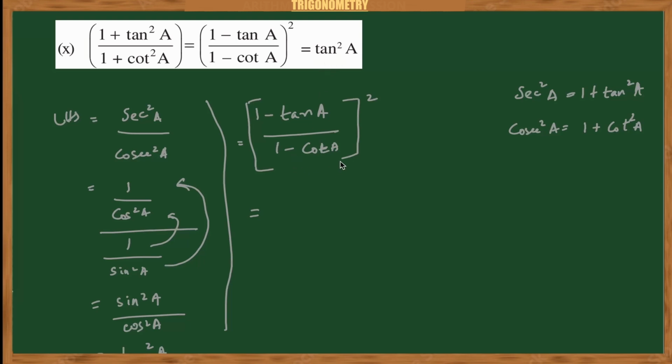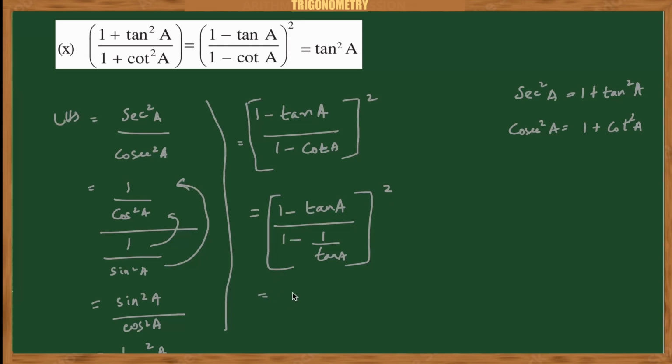Cot is the reverse of tan, so let's put it in that format: 1 minus tan A divided by 1 minus cot A, which can be written as 1 by tan A. Don't forget to put the square here.